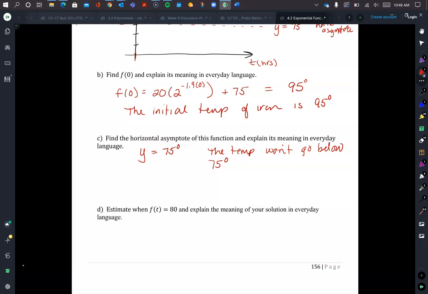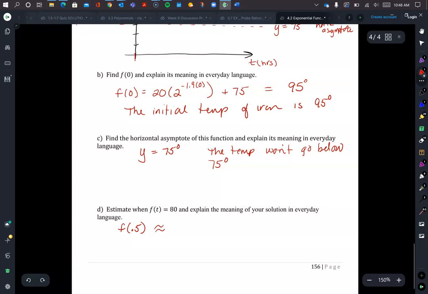D, estimate when f of t equals 80 and explain the meaning of your solution in everyday language. So we can look at the Desmos graph to help with that. You could pop some numbers in there to judge. One way to do this is to figure out f of 0.5, pop that in.